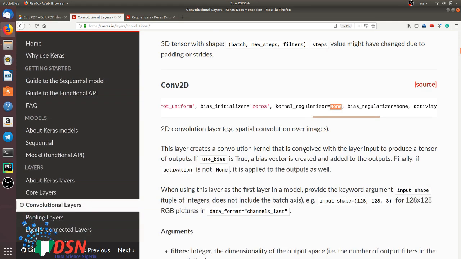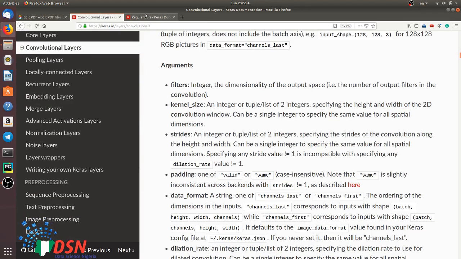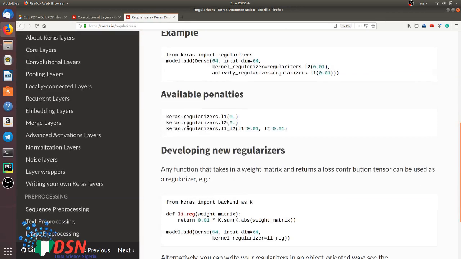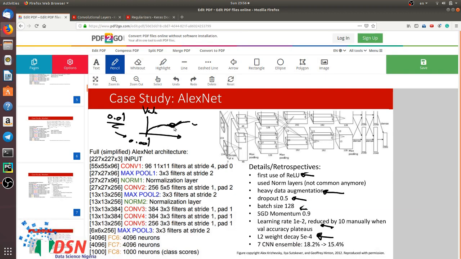You could use the L2 with a suitable factor. There is an example of how to use that. This is L2 regularization with lambda of 0.01. Okay, we talked about it in the last lecture.